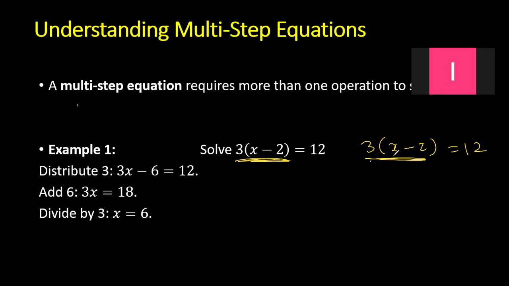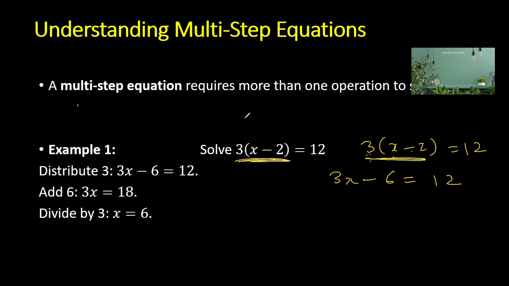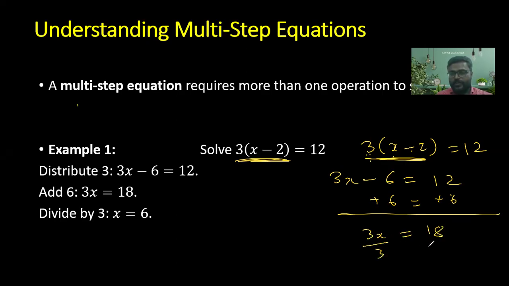So what will we get? 3 times x, 3x minus 3 times 2, 6 equals 12. Now we have 12 over here. Add 6 to both the sides. What do we have? 3x equals 18. Divide both the sides by 3. This 3 will get cancelled. 3 times 6 is 18. So x is equal to 6.